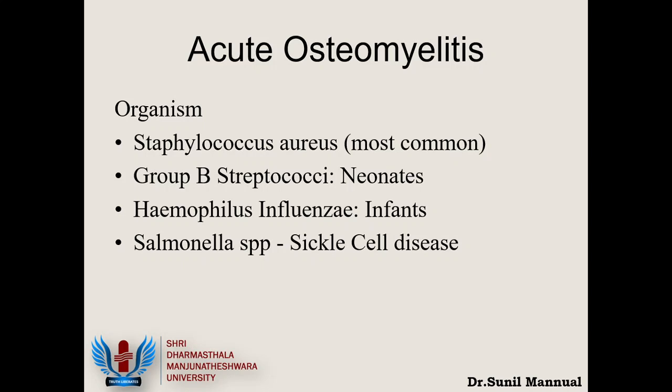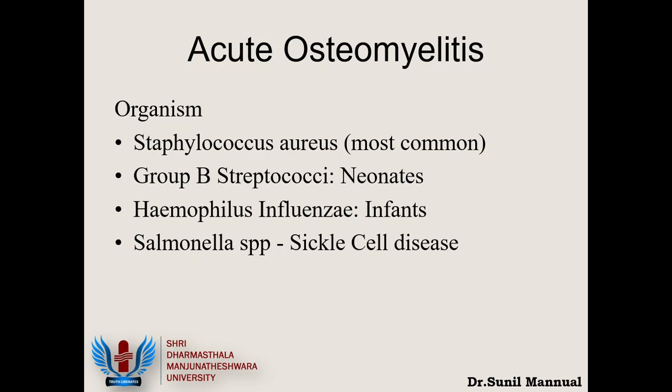And what about infants? Again, the same logic applies. In infants, you may get a higher incidence or a higher number of Haemophilus influenzae. However, Staphylococcus aureus is still the most common organism in infants. Now there is a peculiar condition called sickle cell disease, and in this disease, for some reason, peculiarly, the Salmonella species is seen to be a causative organism for acute osteomyelitis.